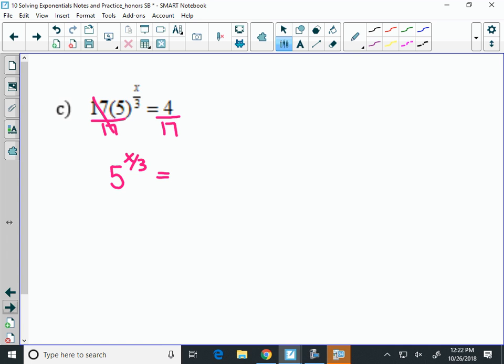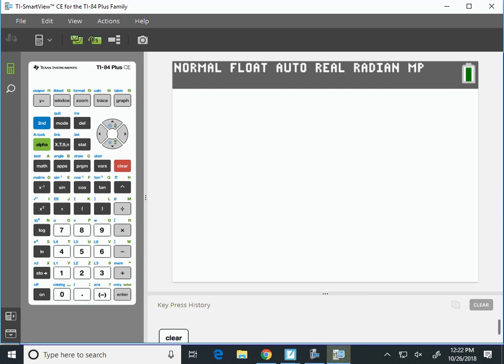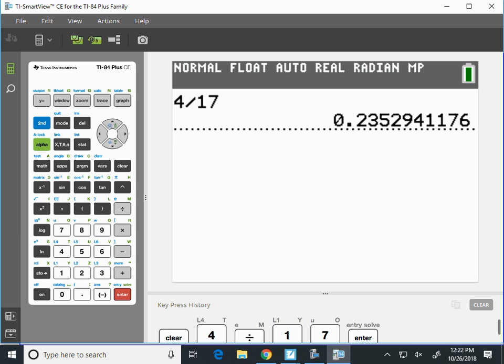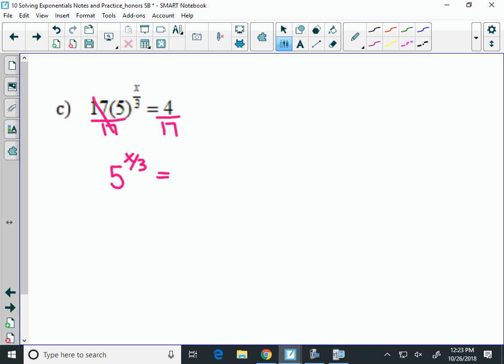No. So you have 2 options here. You can figure out if there's a nice decimal that works. I don't know what the decimal for 4 over 17 is. Let's see. Oh, it's really long and yucky. Do you think we should round that decimal or should we leave it as a fraction? I think we should leave it too. So let's leave this as 4 over 17.